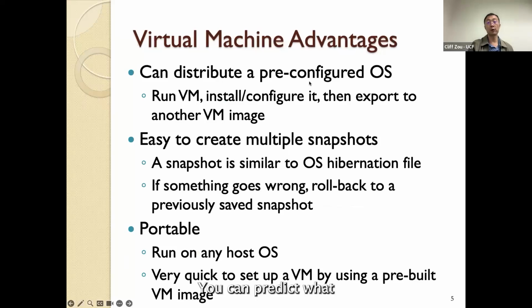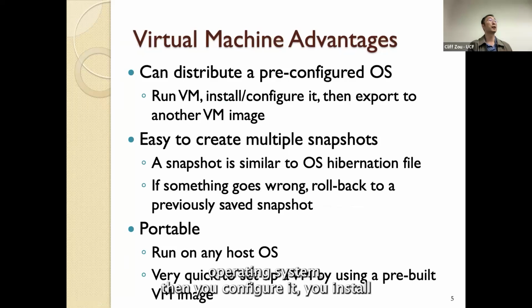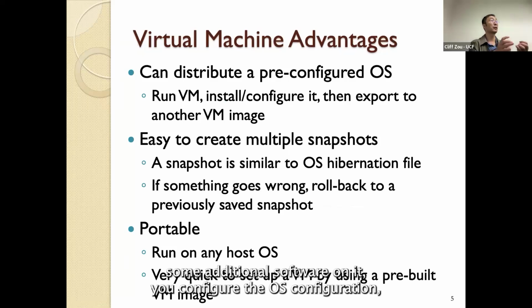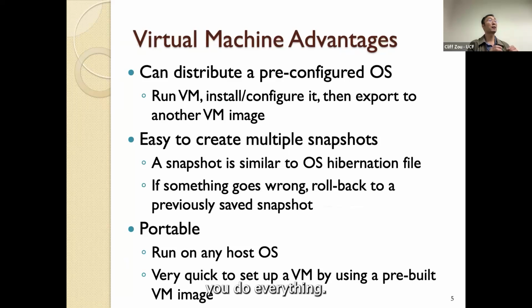You can pre-distribute a pre-configured OS. So you run the virtual machine, install the operating system, then configure it, install some additional software on it, and do the OS configuration, everything. Once you build it, you export the VM image, and because it's just a set of files, you can load it onto another machine.